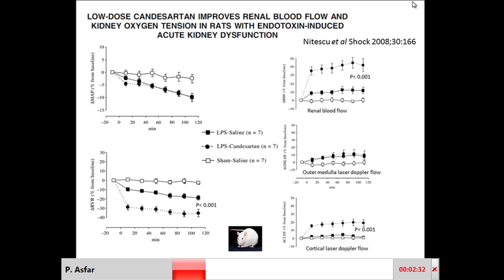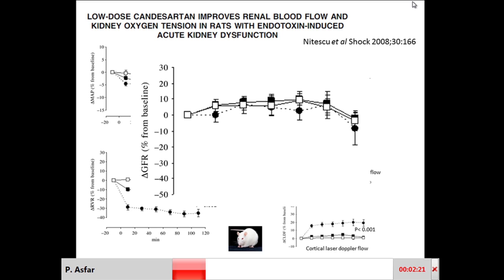But in the cortical area, there was an improvement of oxygenation. However, there was no effect at all on kidney function. Glomerular filtration rate was the same in the three groups.